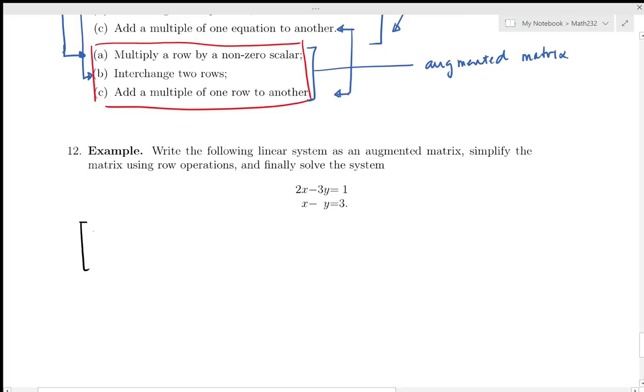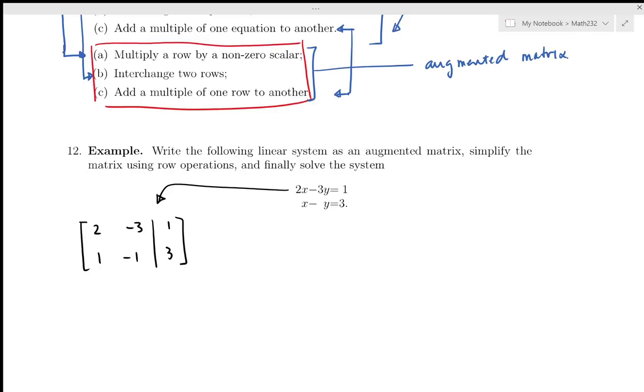Here we've got the augmented matrix. There it is. So that is the augmented matrix corresponding to those two equations. And then what I'm going to do is multiply the second row by 2.